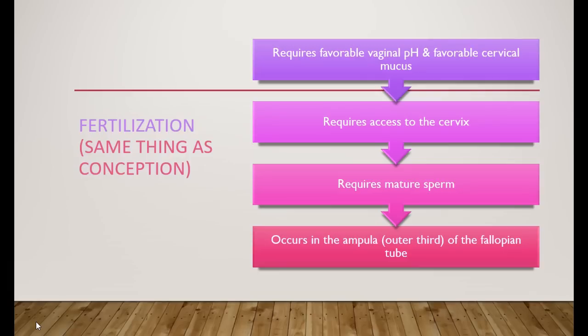But that mucus changes throughout a woman's cycle. And so it gets thinner as they get closer to their period. And as it gets thinner and more watery in consistency, that allows the sperm through into the cervix. It requires access to the cervix. It requires mature sperm, and fertilization occurs in the ampulla, which is the outer third of the fallopian tube.